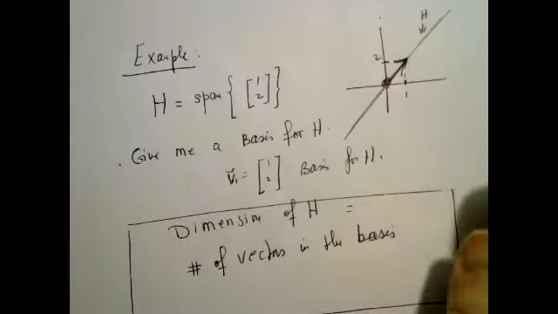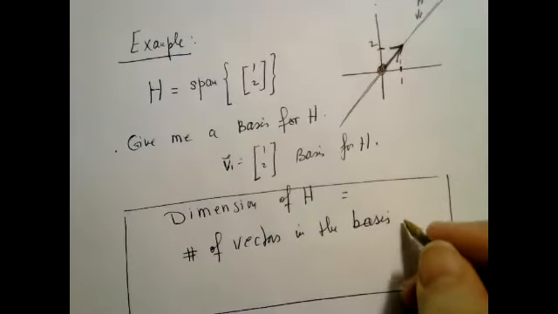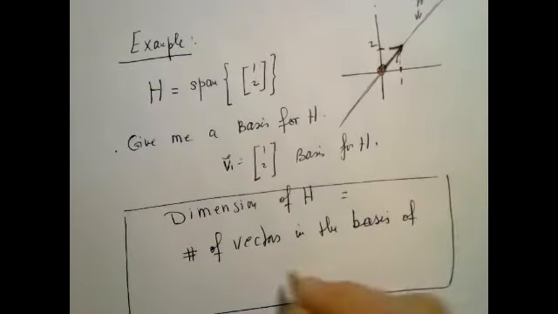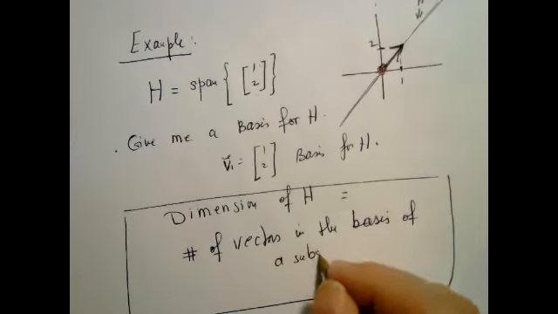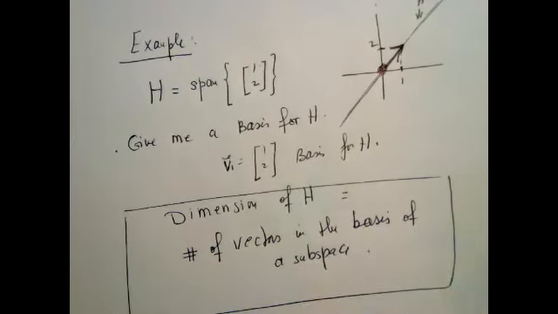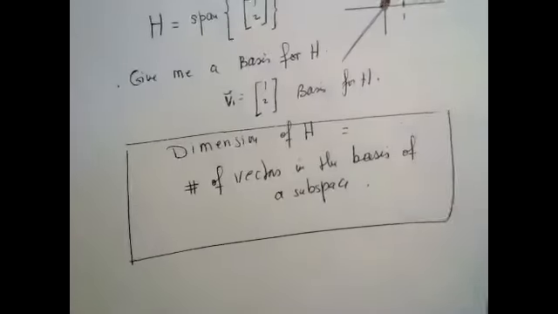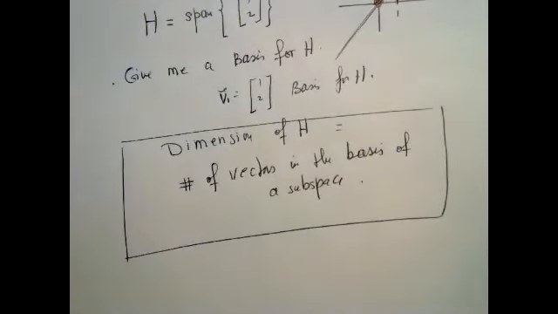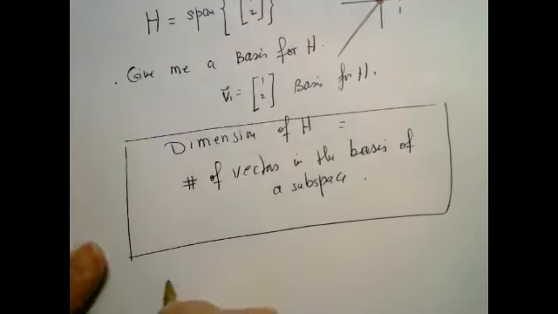So the dimension of a subspace is the number of vectors in the basis of the subspace. So when we talk about the dimension, we are talking about how many vectors are in the basis.